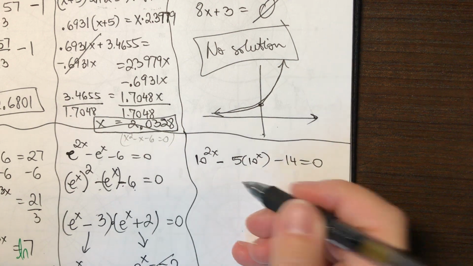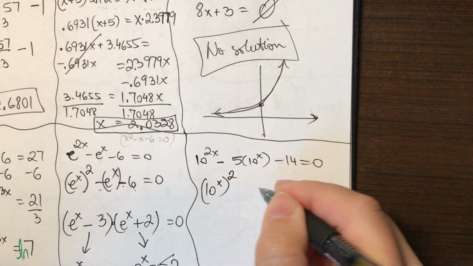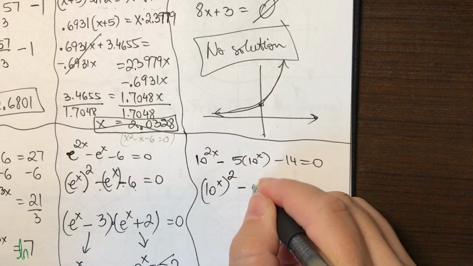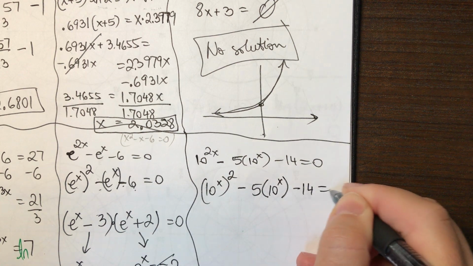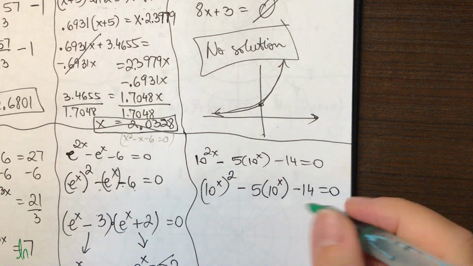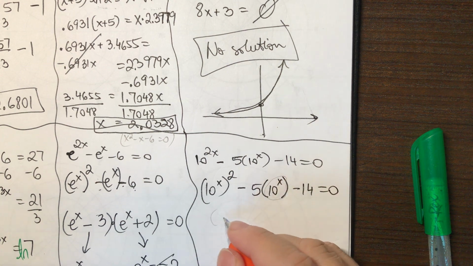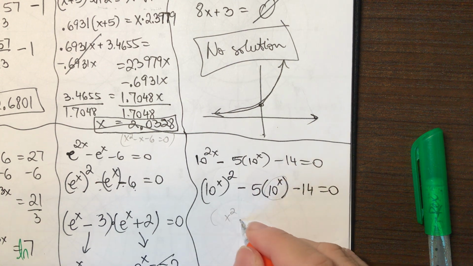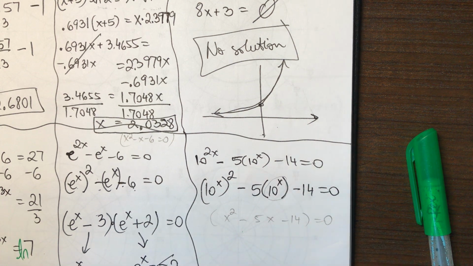And here's another one. I have 10 to the 2x minus 5 times 10 to the x minus 14. So again, this is your actual x, right? It's like having an x squared minus 5x minus 14 type of equation, right?